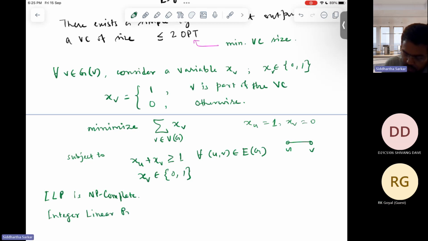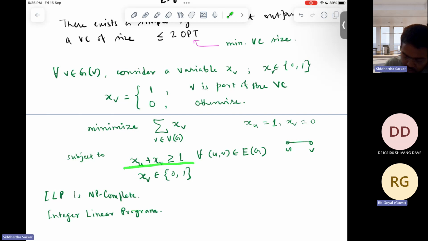So integer linear program means you have a linear program like this. So you have a set of variables. In our case, the variables are corresponding to the vertices. And there is an objective function in the variables which we want to maximize or minimize. And there are constraints which are linear. That means the power of each of these variables is 1.